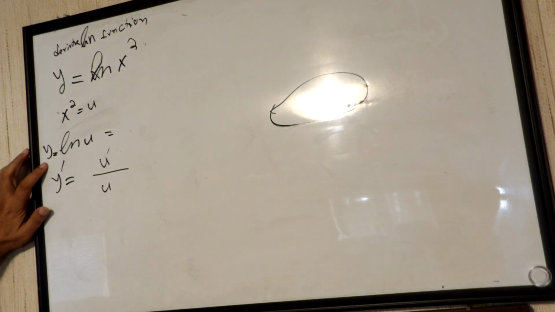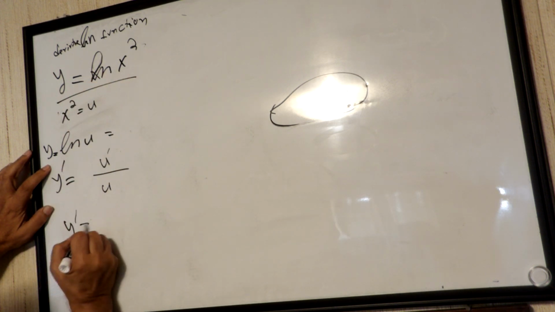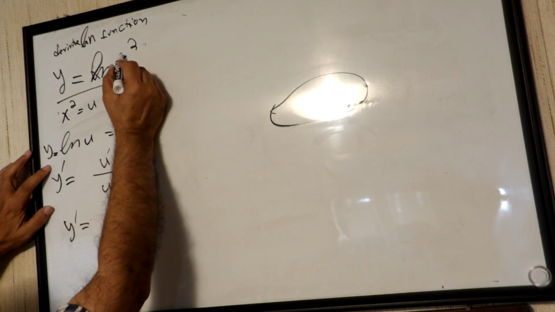Okay, so what we do here, the derivative is going to be u prime over u.